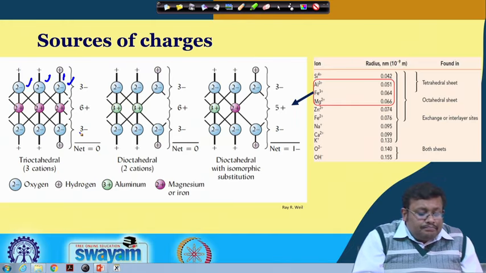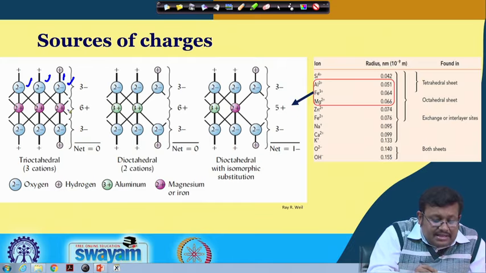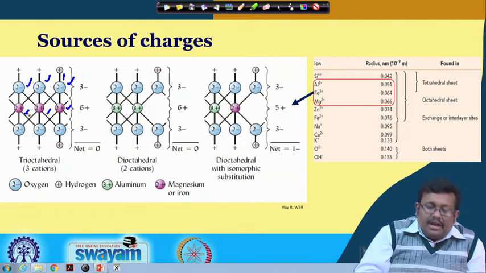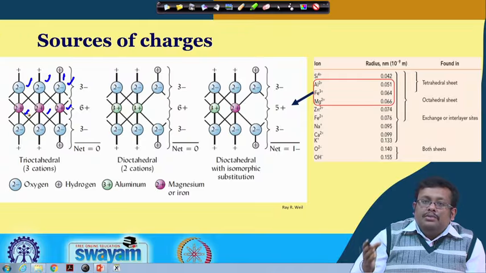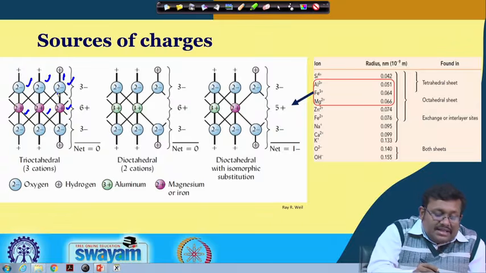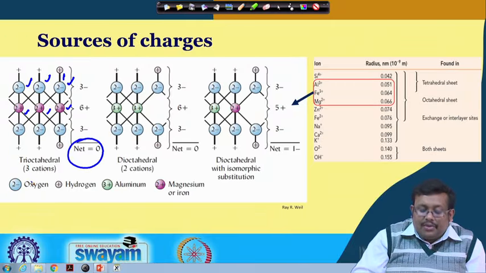And here in the trioctahedral layer, you remember all the 3 octahedral positions are filled by cations. In case of trioctahedral layer, the octahedral positions are basically dominated by magnesium, because it has valency plus 2. So you can see this is plus 2 plus 2 plus 2, so it is plus 6. So here we are getting a net charge of 0.